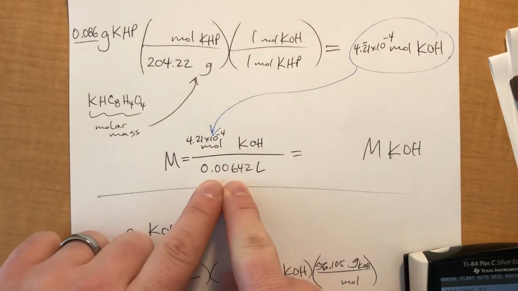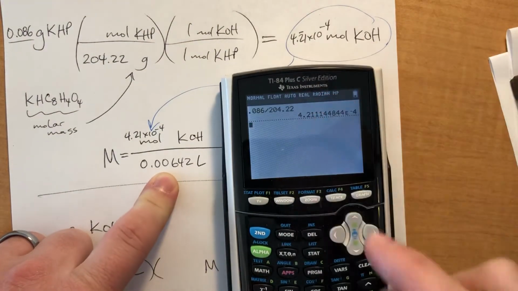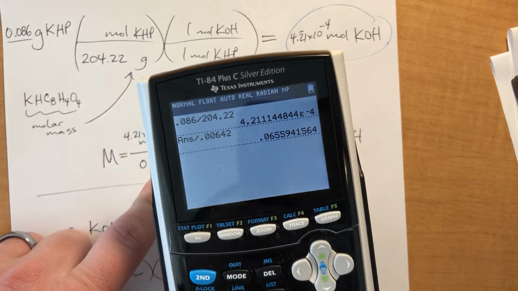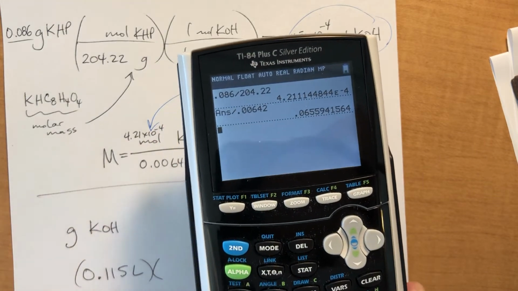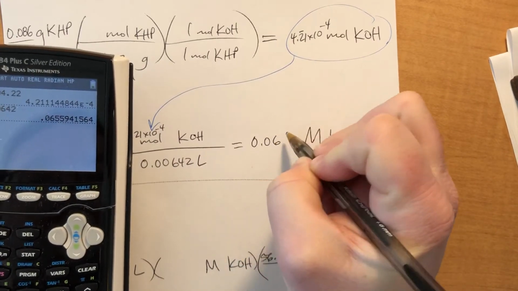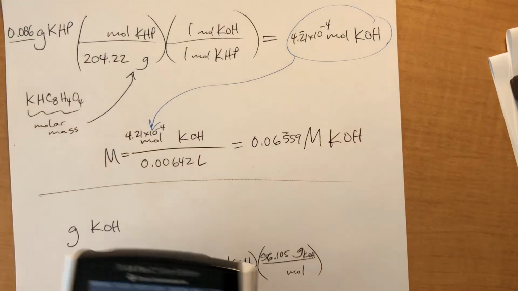I converted it to liters by dividing by 1,000. So I'm going to take the number I just calculated, divided by the volume, which is 0.00642. And I got 0.06559, and so on. Again, probably only 2 sig figs anyway.